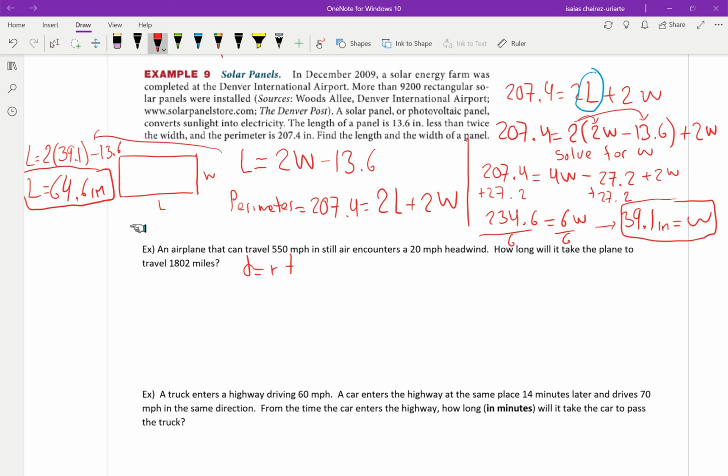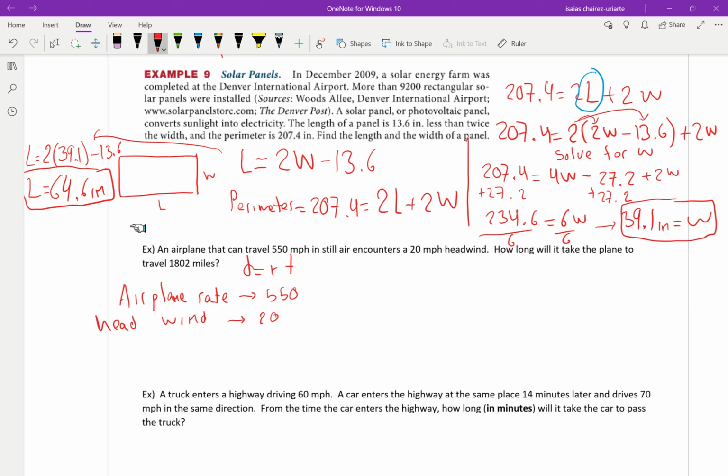So let's see. I have airplane rate. I guess right now is 550. But then I have the wind. Actually a headwind. The headwind is 20 miles per hour. So that's slowing down my plane.